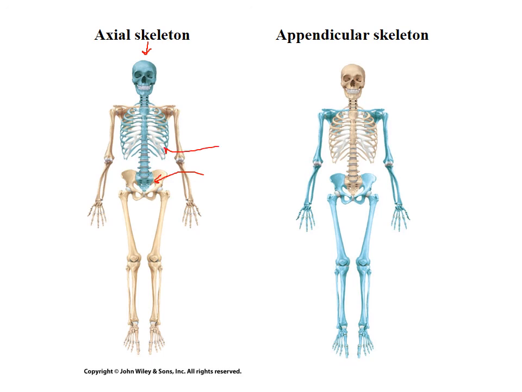The appendicular skeleton are the arms and legs, and they're what we call girdles, or the parts, the specialized bones that hold those arms and legs onto the axial skeleton. So we've got axial skeleton and appendicular skeleton. So that's the organization of the skeletal system.